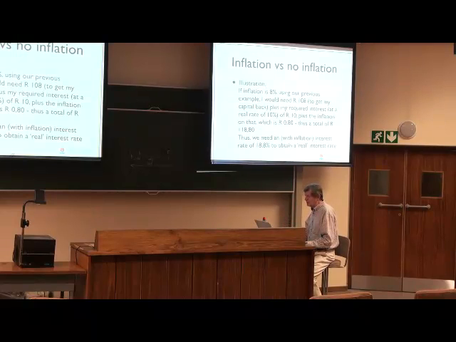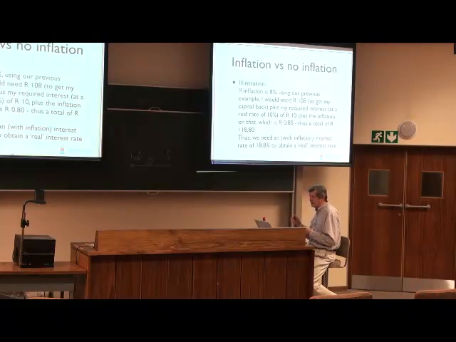Illustration: if inflation is 8%, using our previous example, I would need 108 Rand to get my capital back plus my required interest at a real rate of 10%. Remember, 10% gives an extra 10 Rand on the 100 Rand, so we expected 110 Rand without inflation. Now inflation is 8%, so I need another 8 Rand on the 100 Rand just to cover the inflation, plus another inflation on the 10 Rand interest, which is another 80 cents.